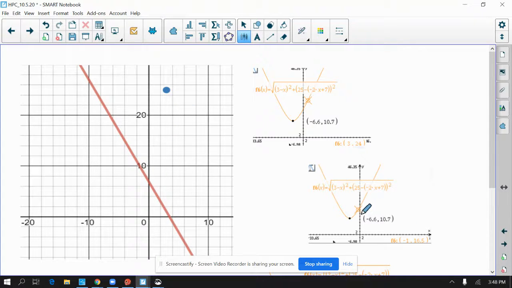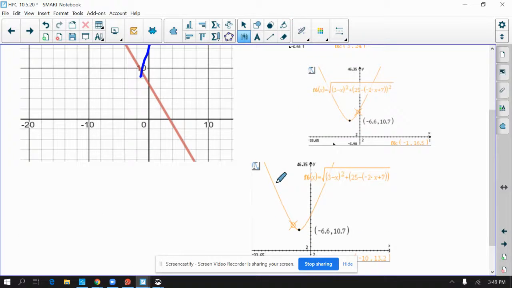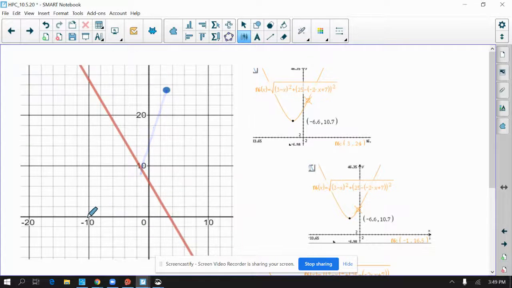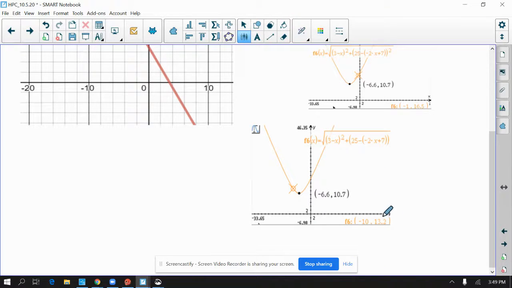Another ordered pair is (negative 1, 16.5). So when x is negative 1, I'm on the line, but the distance between this point and this point, if you got out your ruler, would be 16.5. And one more, I put negative 10: when x is negative 10, there I am on the line, and from here to (3, 25), that distance is 13.2.